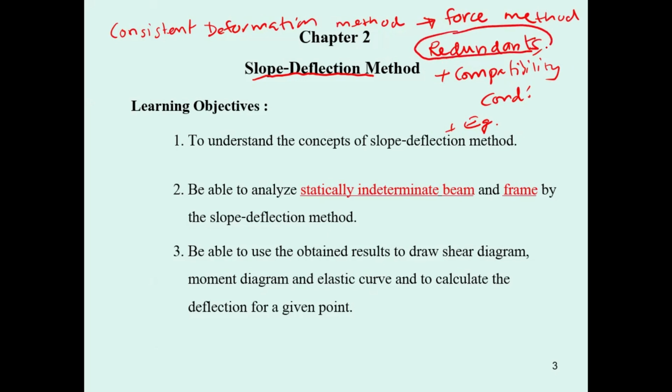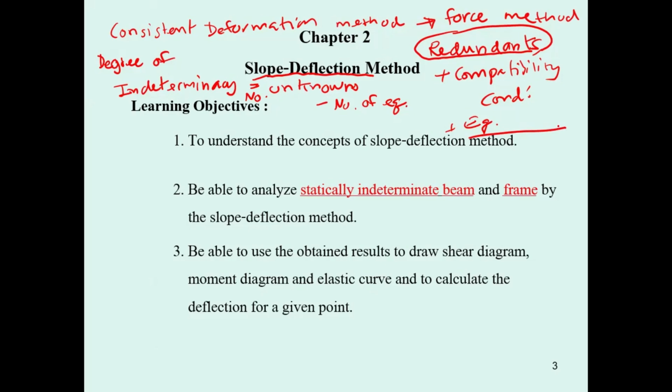And again, to determine the redundant, we also need to determine the so-called degree of indeterminacy. The degree of indeterminacy is the number of the unknowns minus the number of equations of equilibrium.